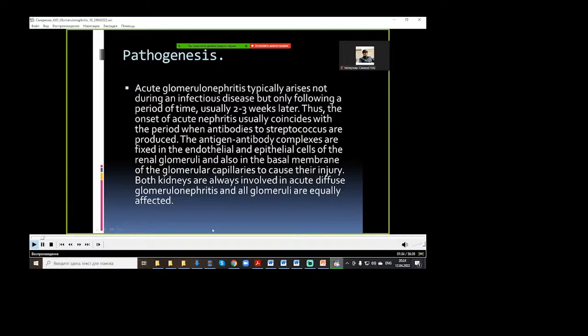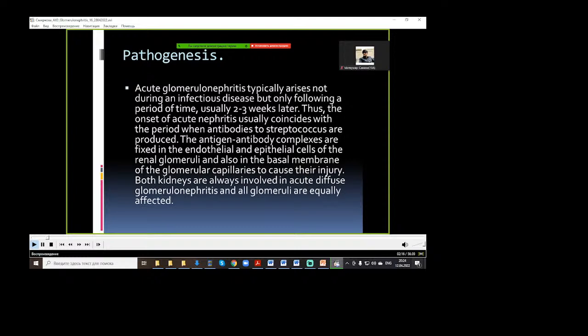Pathogenesis. Acute glomerulonephritis typically arises not during an infectious disease, but only following a period, usually 2 or 3 weeks later. Thus, the onset of acute nephritis usually coincides with the period when antibodies to streptococcus are produced. The antigen-antibody complexes are fixed in the endothelial and epithelial cells of the renal glomeruli and also in the basal membrane of the glomerular capillaries to cause the injury.